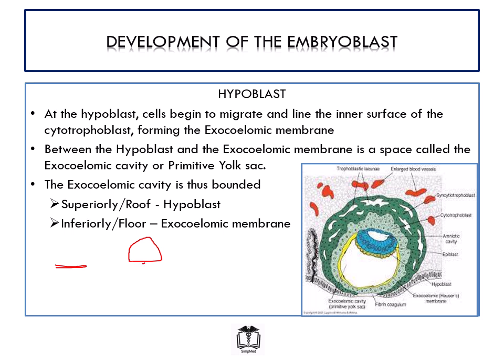The cells that migrate upward to form the circle are known as the amnion, and between the amnion and the epiblast, we have the amniotic cavity. So that's what occurs as the epiblast matures. Then the hypoblast also has something similar. Before, we have a single layer of hypoblast, and cells migrate down and circulate the cytotrophoblast, and the exocoelomic membrane is known as the yolk sac.